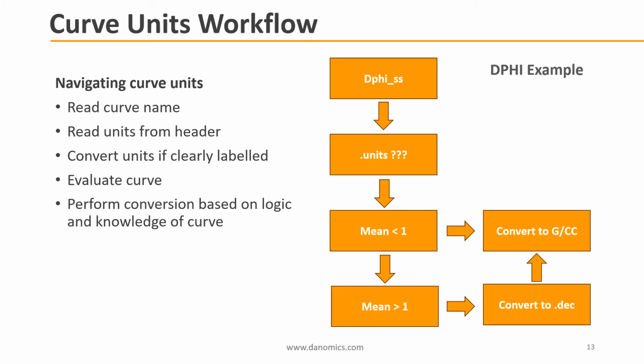So we can go ahead and perform the conversion over to bulk density. If not, if we look down here and we see that the mean is greater than 1, that would tell us that it's actually probably in percent, or that we have some nonsensical units. So even though we may not know the units clearly up here, it may become obvious when we look at the statistics. We confirm that conversion to decimal, and then we can perform the conversion to bulk density. And you'll need to think about the logic on this for each curve type and handle that independently.